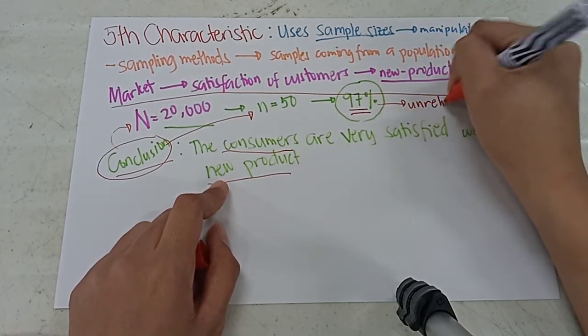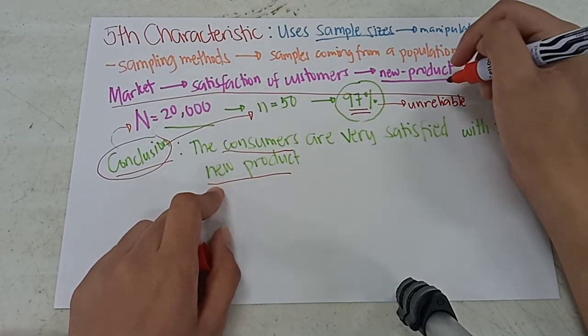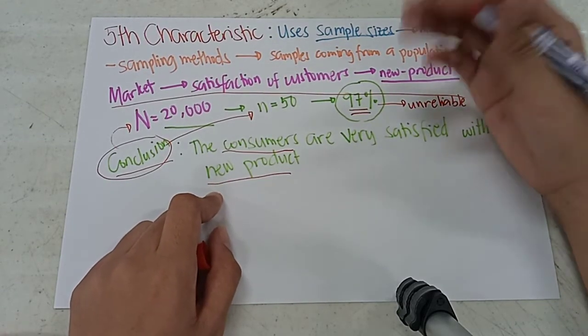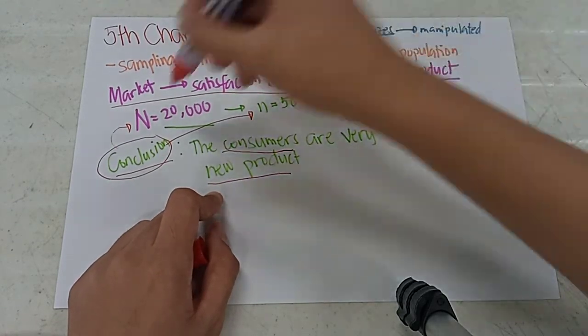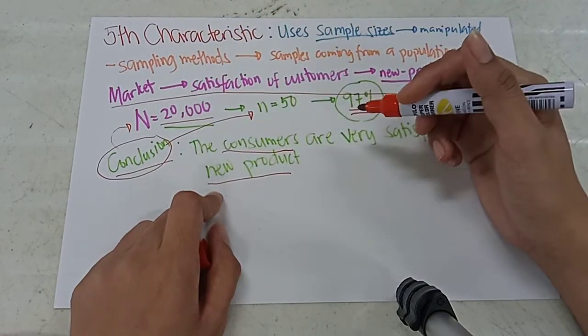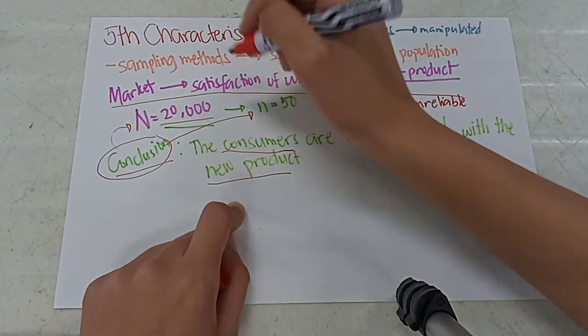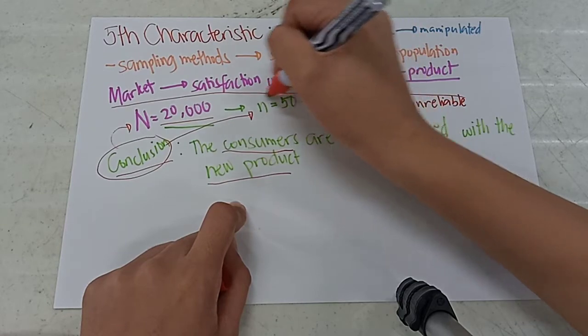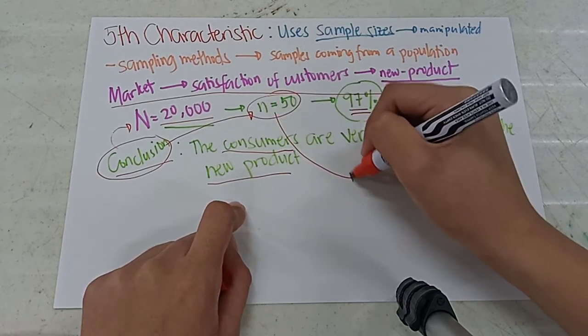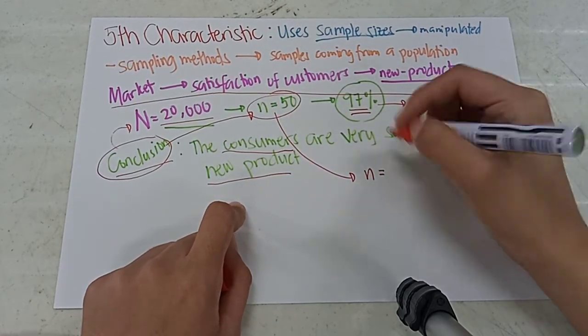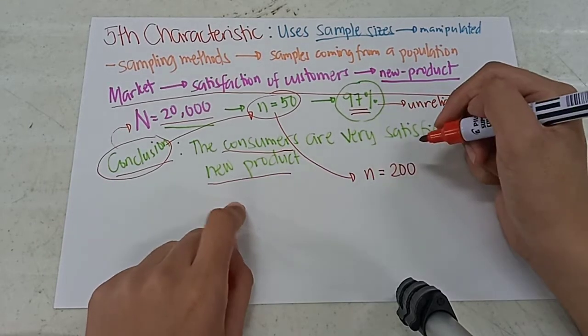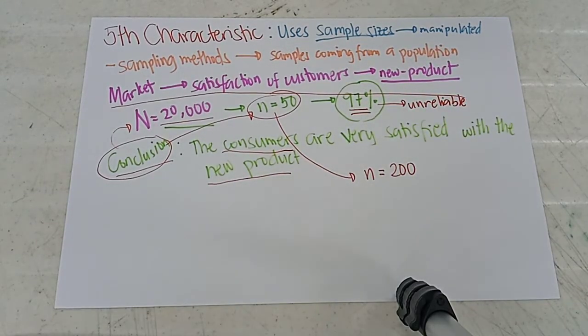So they want to reconduct the study. Out of the 20,000 population, they added more samples. Instead of 50 samples, let's say they used 200 respondents out of the 20,000.